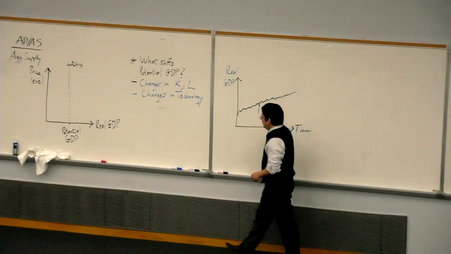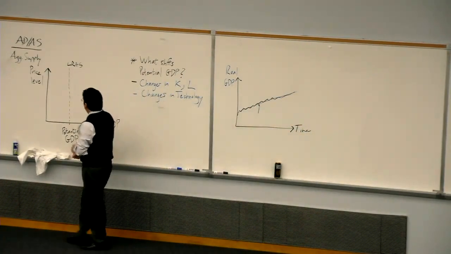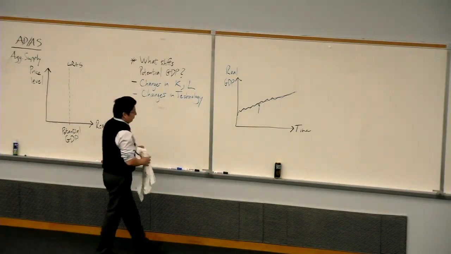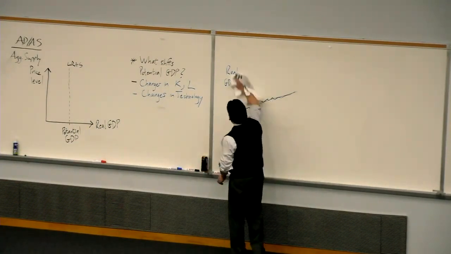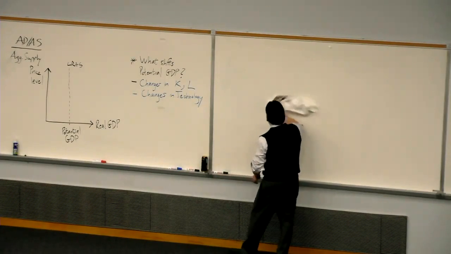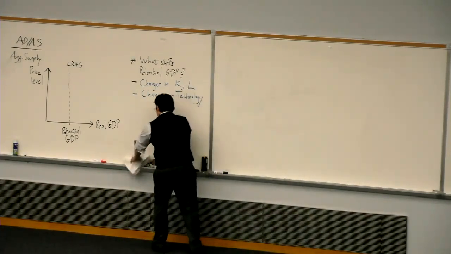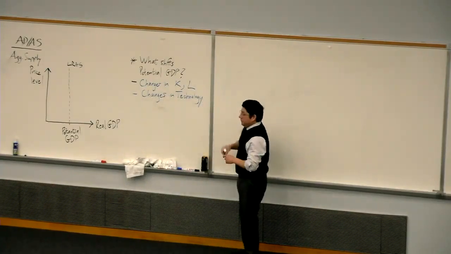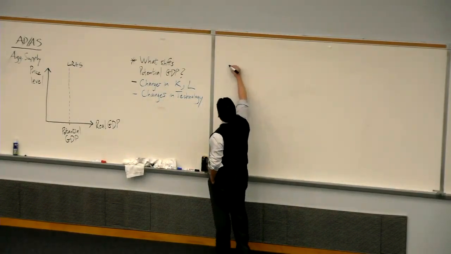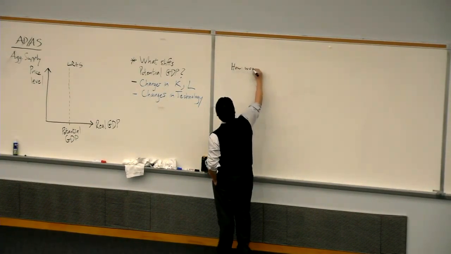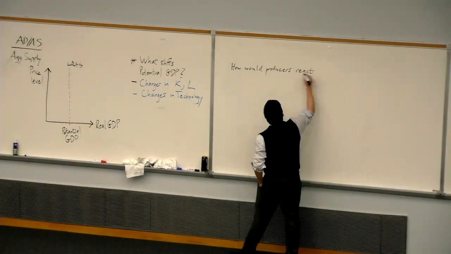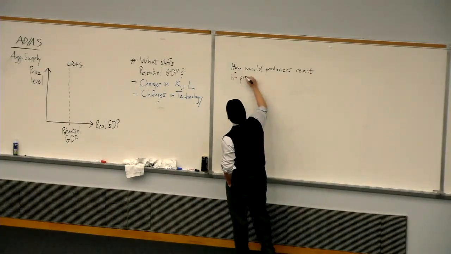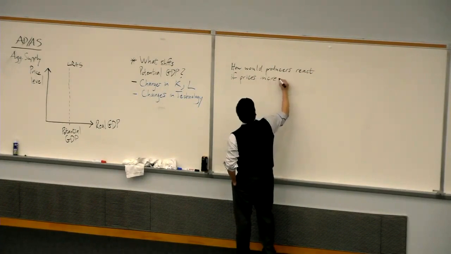Great. So with that done, we can then switch and talk about the short-run aggregate supply. So to motivate that, remember that when we were trying to figure out how production and prices are related, we did so by trying to answer the question of how would producers react if, let's say, prices increase.